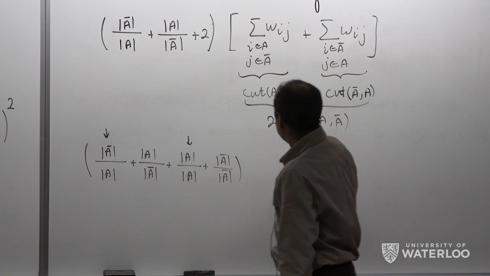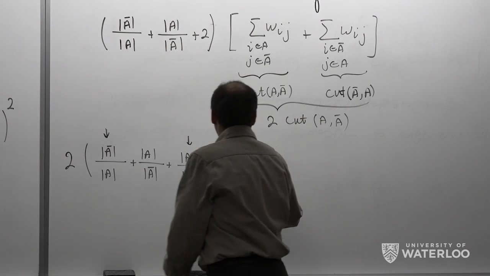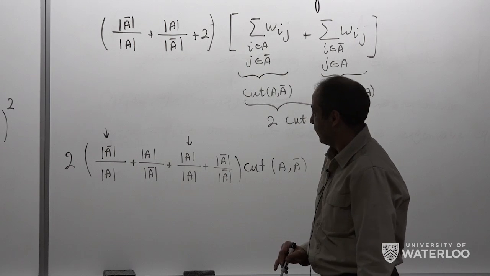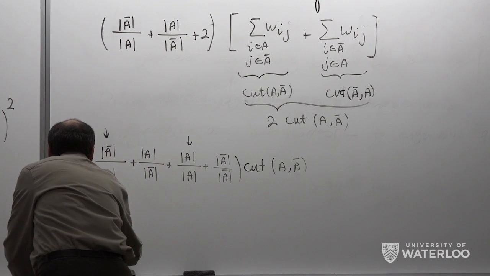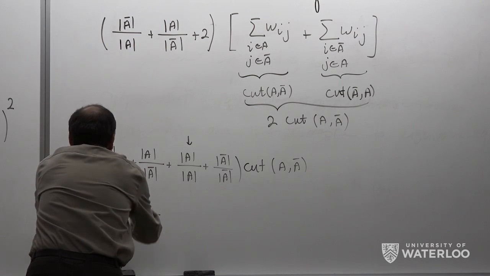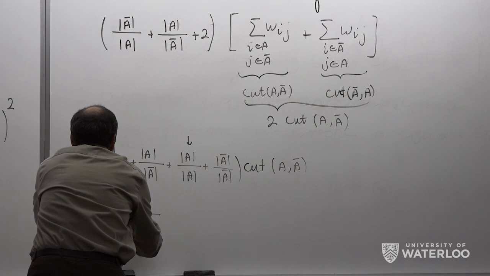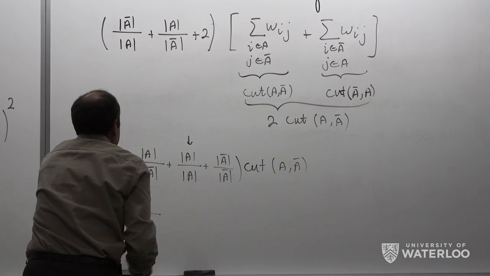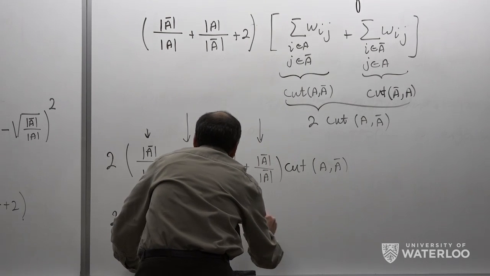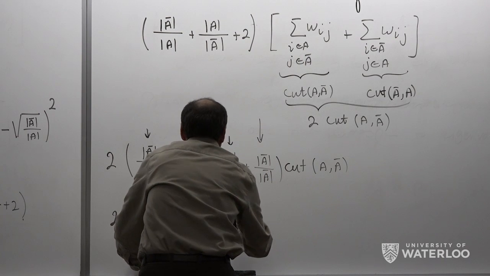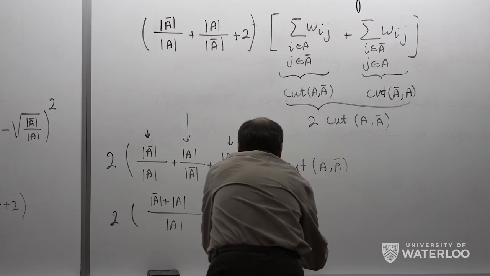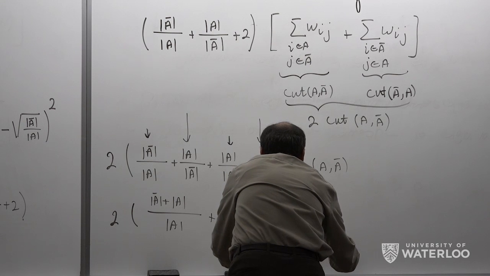And here I have 2 cut. So it's A bar plus A over A, and A bar plus A over A bar, times cut(A, A bar).